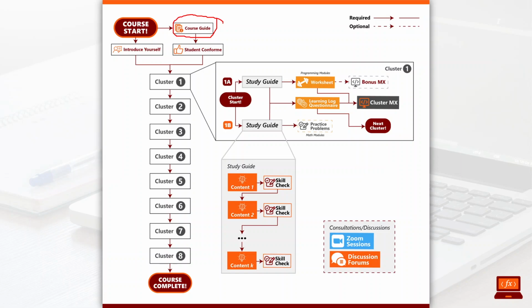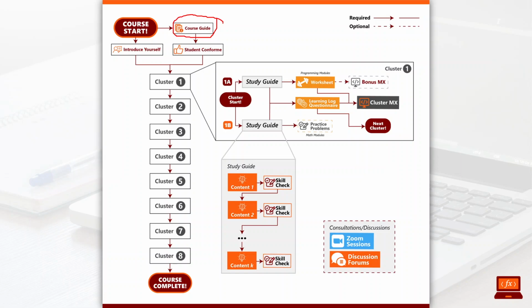Okay? Tapos bawat content may or may not have a skill check. Ano yung skill check na yan? Sila yung mga short questions lang or easy activities lang para ma-check kung na-learn nyo talaga yung topic na yun. Pero that's not part of the grade. Ang important lang sa skill check is pang-unlock lang sa next content.